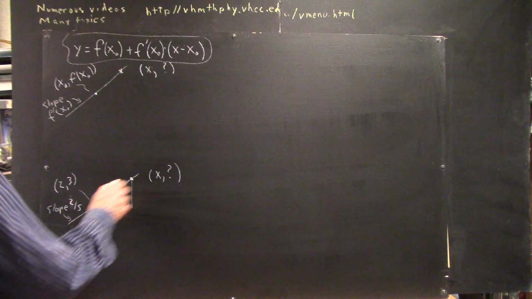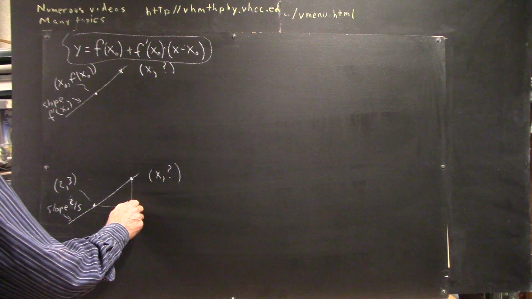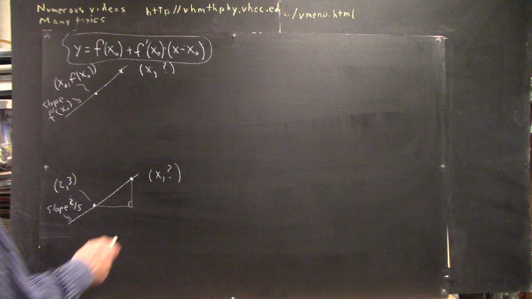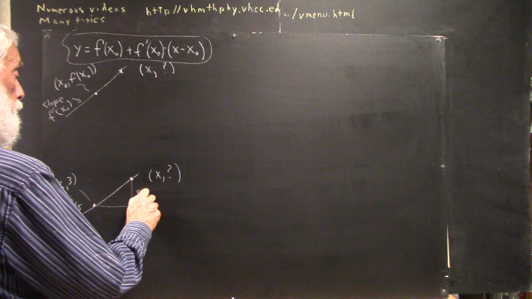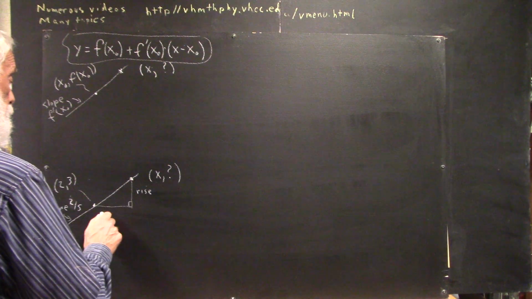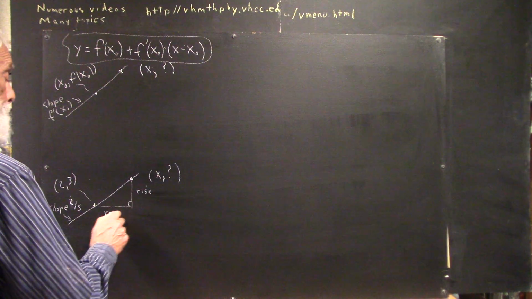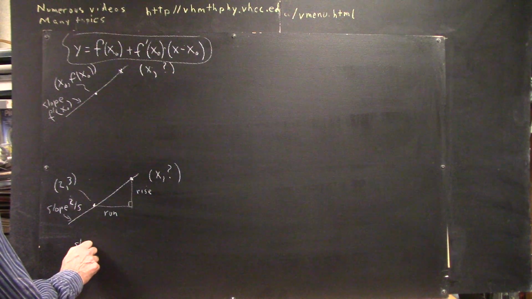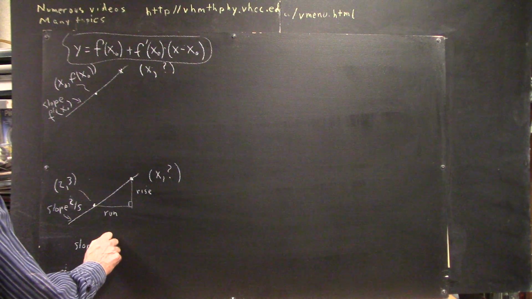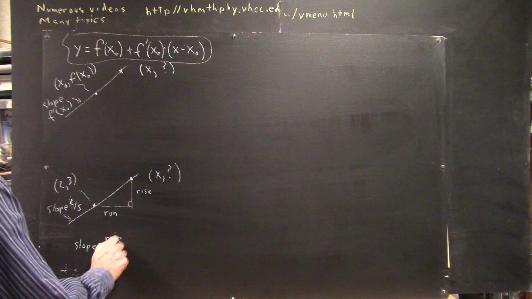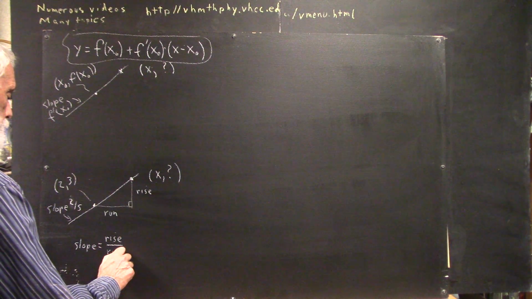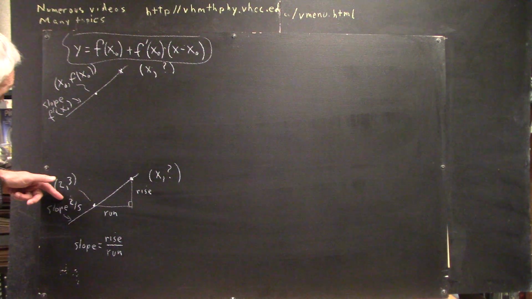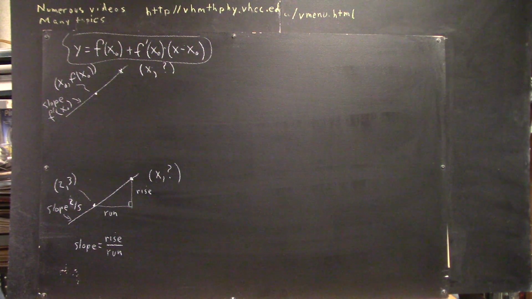I'm going to have a right angle here, and this side is going to be the rise between these 2 points, and this side is going to be the run. So the slope equals rise divided by run, and in this case, the slope would have to be 2/5.